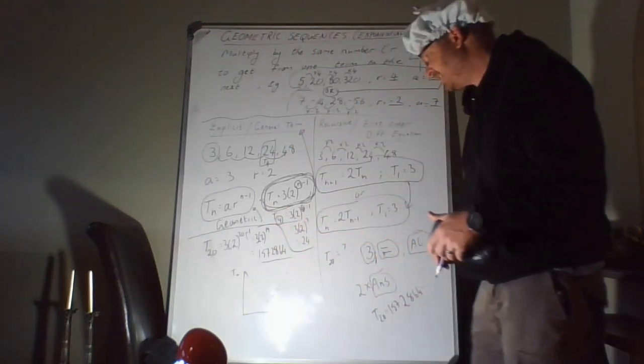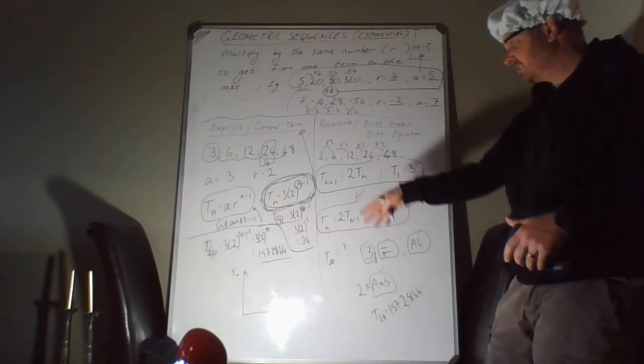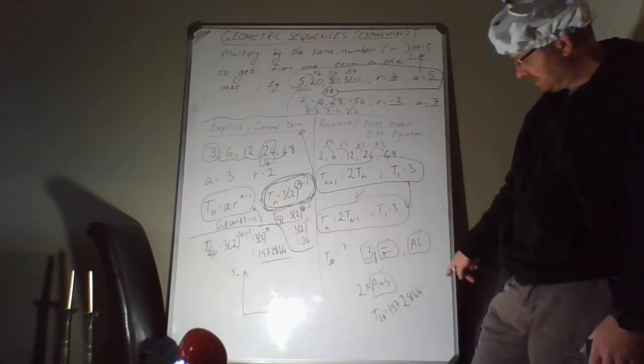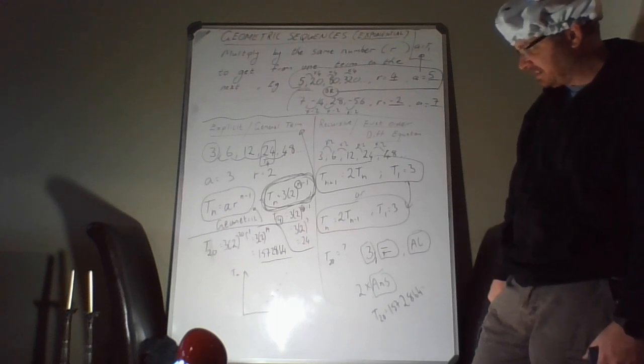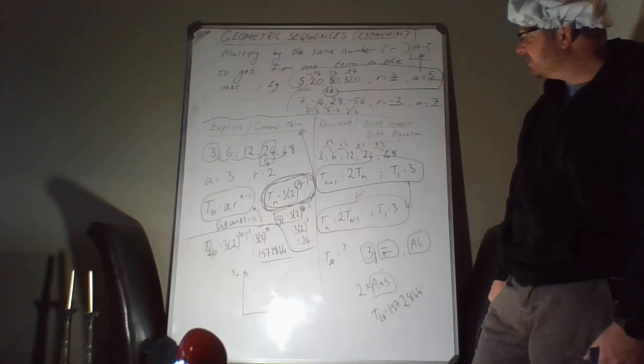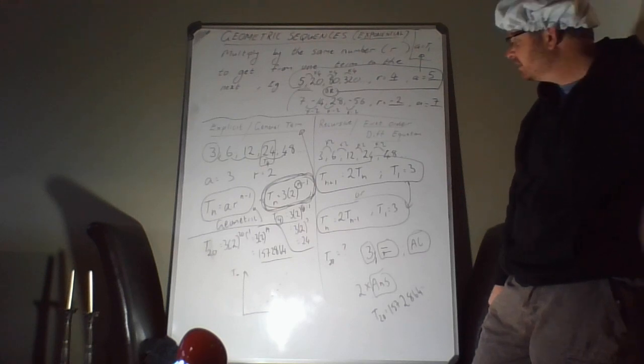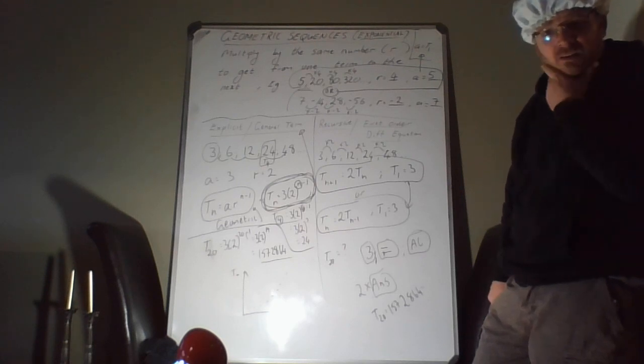Okay, so both methods can generate that answer. The recursive method is just a bit tedious because you've got to keep counting, and it's quite easy, like I did there, to miscount. But your answer should be 1572864. Right. So that is geometric sequences expressed in explicit and recursive form.